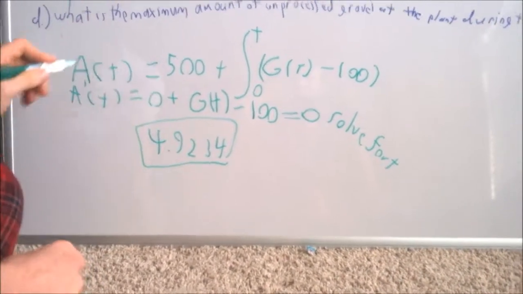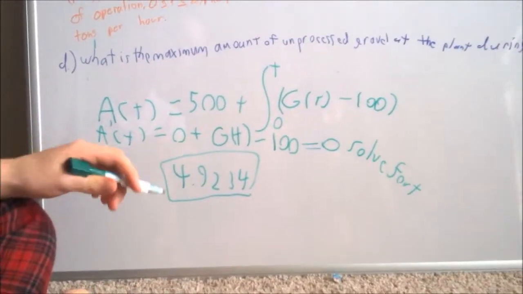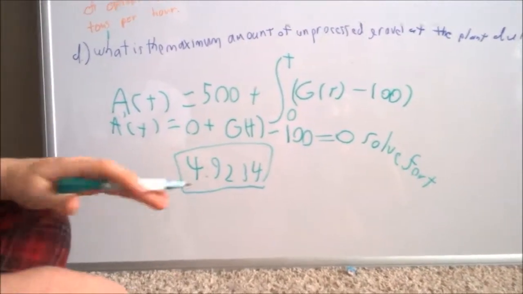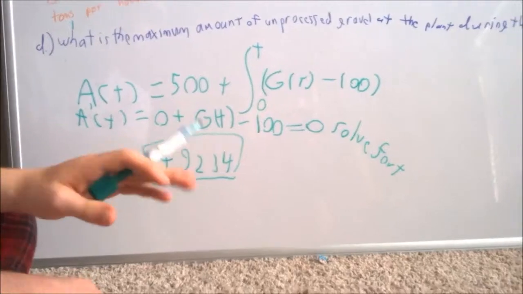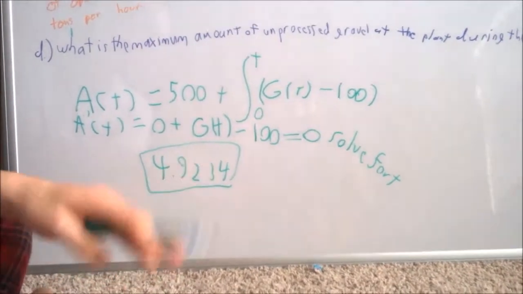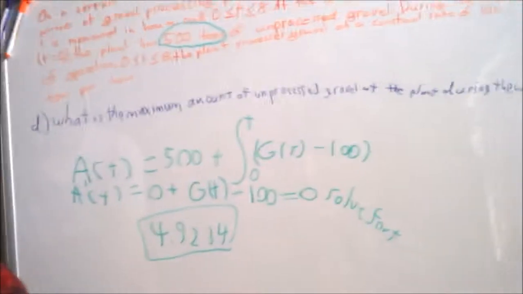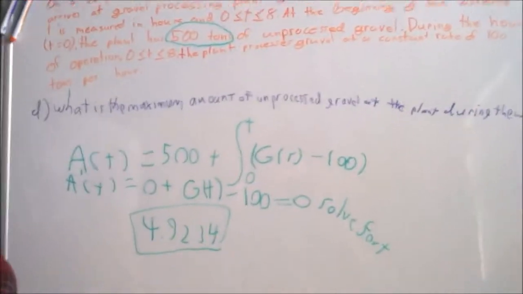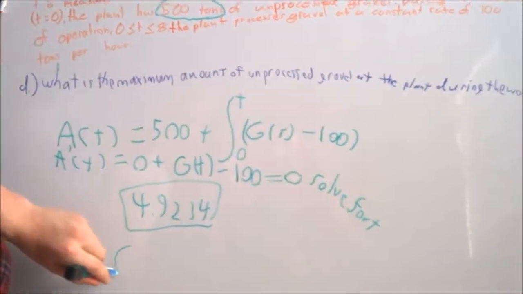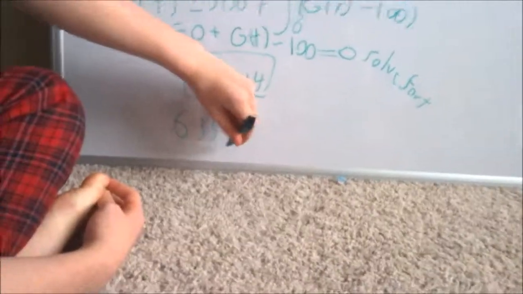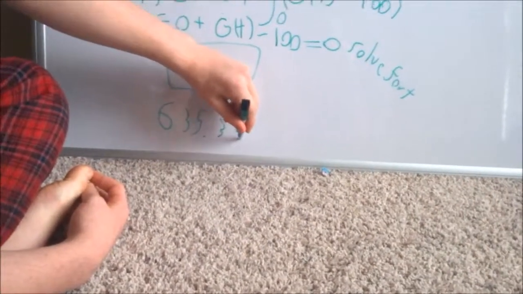You're going to graph this whole shebang. And once you graph it, you want to look for the point at which it not only stops increasing, but has hit its maximum, its peak, the highest point on the y scale. And once you do this, you should get the number 635.357.